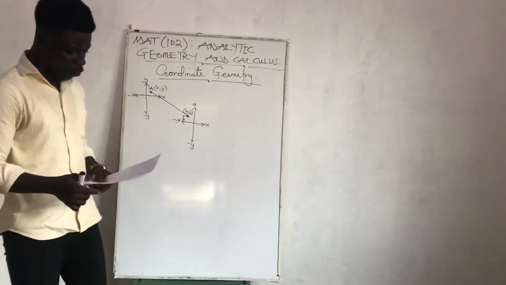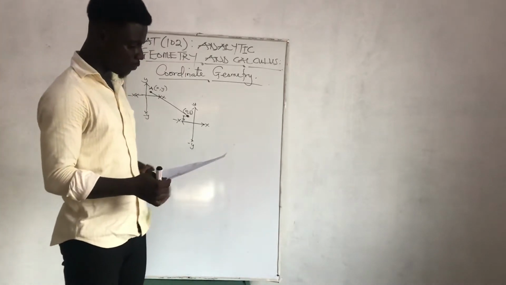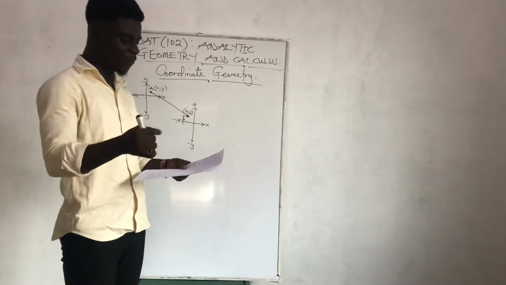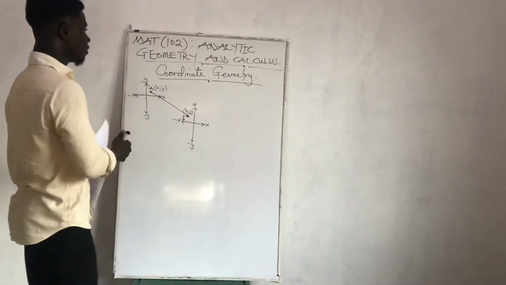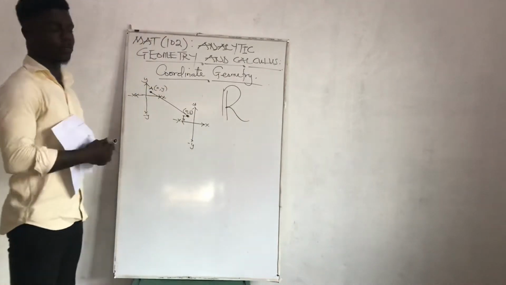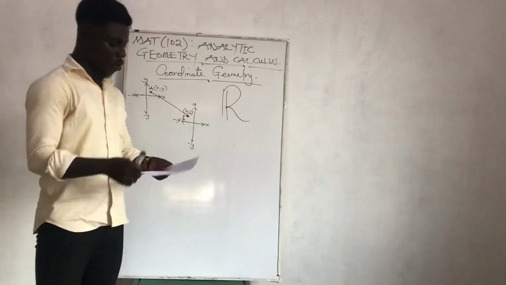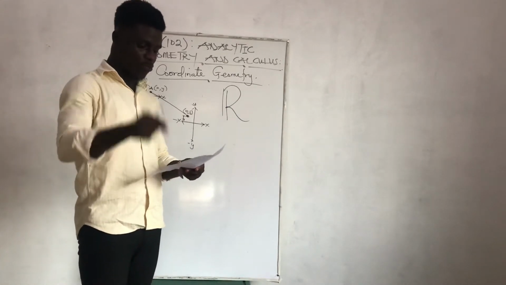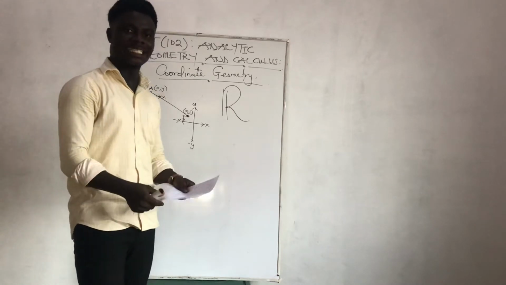Let me read something for you to hear. Listen very carefully. It says, also, points on the line can be identified with real numbers to form the coordinate line.